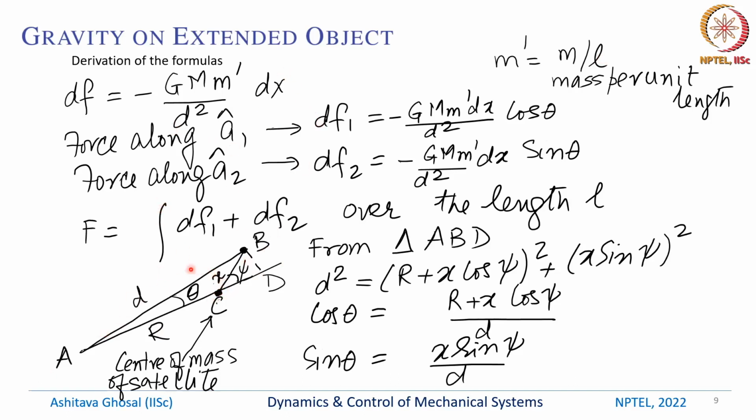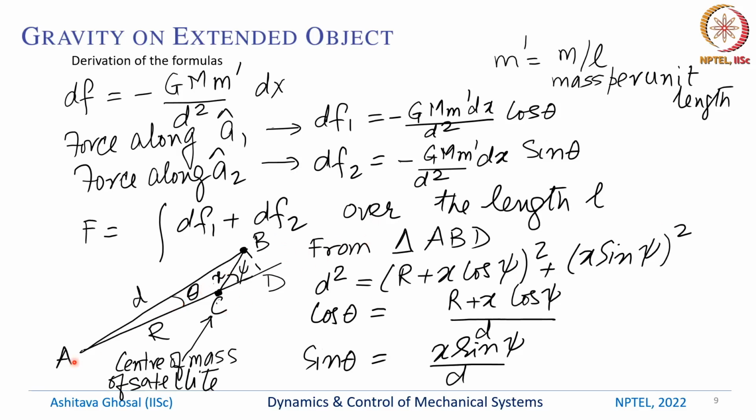Okay, so the force along A1 is minus G m prime dx over d square into cos theta. The force along A2, which is the perpendicular direction, is this into sine theta. So this is the angle theta. And the total force is the integral of dF1 and dF2 over the length L.